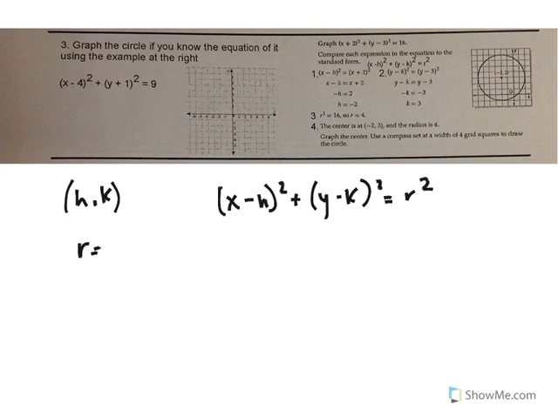On this piece over here, we have our graph, and we have our equation up here.